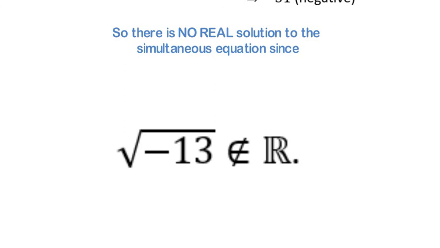This is clearly seen when it's plotted in a graph. You see that the straight line in equation A has no place where it cuts the quadratic curve in equation B. So such a system is said to have no solution.